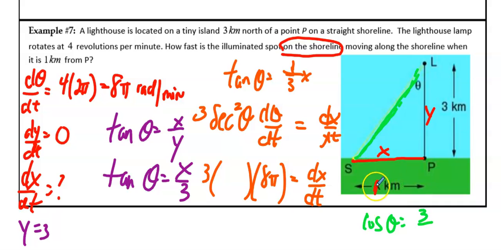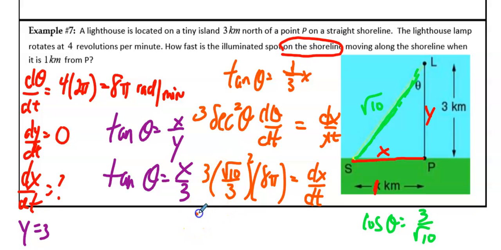We didn't get theta, we were given the other side, so we need the Pythagorean theorem. So 3 squared is 9, 9 plus 1 squared is 10, so this is going to be the square root of 10. So the cosine is going to be 3 over the square root of 10, which means that secant squared is the square root of 10 over 3, squared, right? So that's how you find that pretty easily.